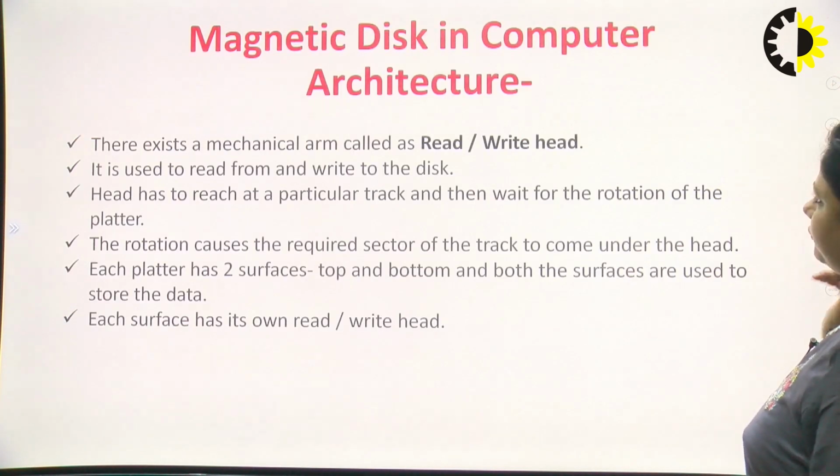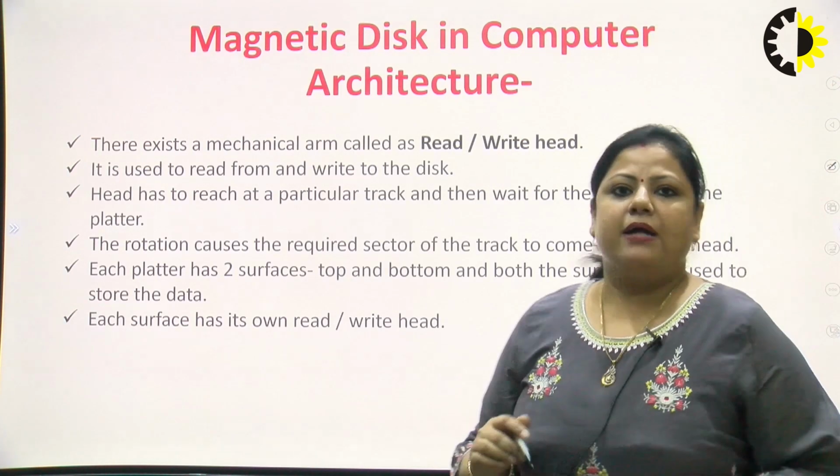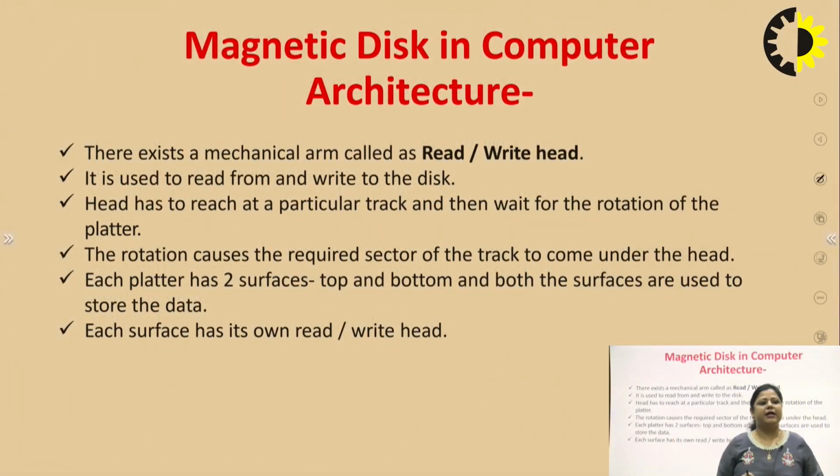Now, a magnetic disk is a device that is used to write, rewrite and access data. It uses a magnetization process, and it is a very useful and important part of the operating system, by which there exist mechanical arms called read-write heads. The read-write head exists in this part, called the mechanical arm.